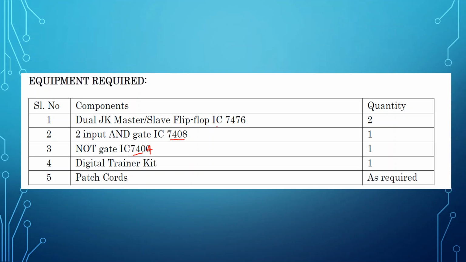How did we implement the previous JK master slave flip flop? We took 3 input NAND gates and 2 input NAND gates, and we gave the inputs J, K, clock, preset and clear, and we verified the truth table of the JK master slave flip flop. This is what we did in the previous video that has been uploaded.